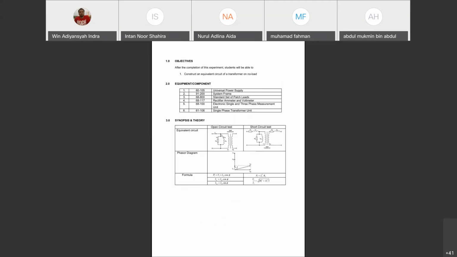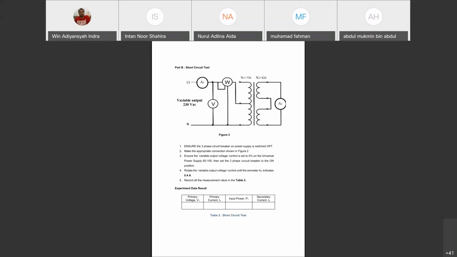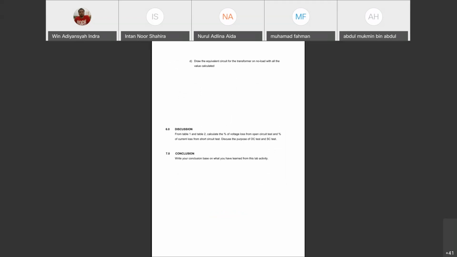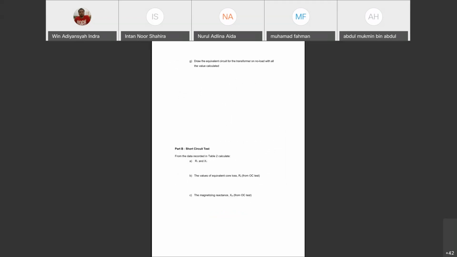It's asking for RC, the equivalent core loss. You just copy and paste, no need to calculate again.